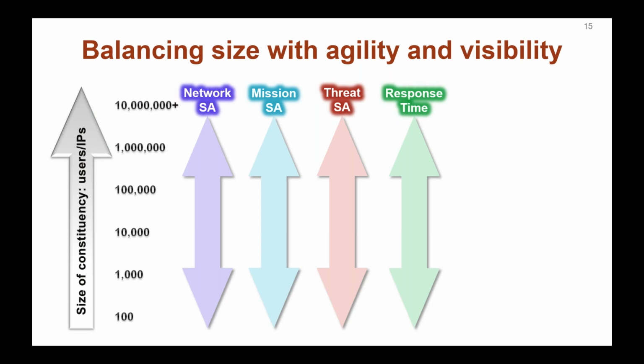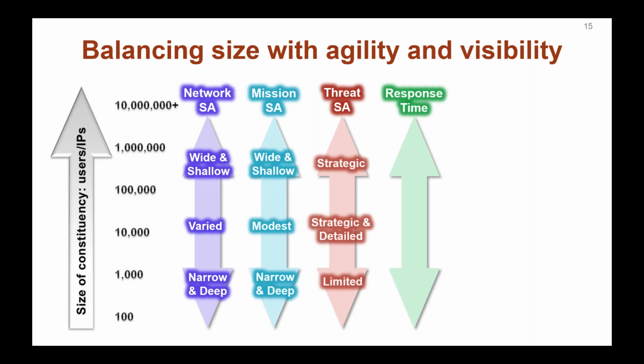And consider, for example, that the adversary may also be our own employees when they are acting as insider threats. We think about the size of a SOC in terms of its constituency. We think about those areas of situational awareness. Network and mission areas, a very large SOC has very wide but very shallow situational awareness, whereas a very small SOC, their focus is narrow but deep.